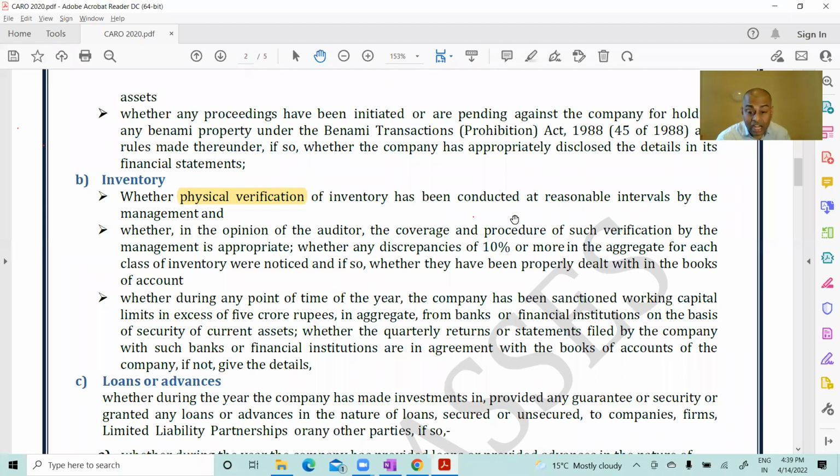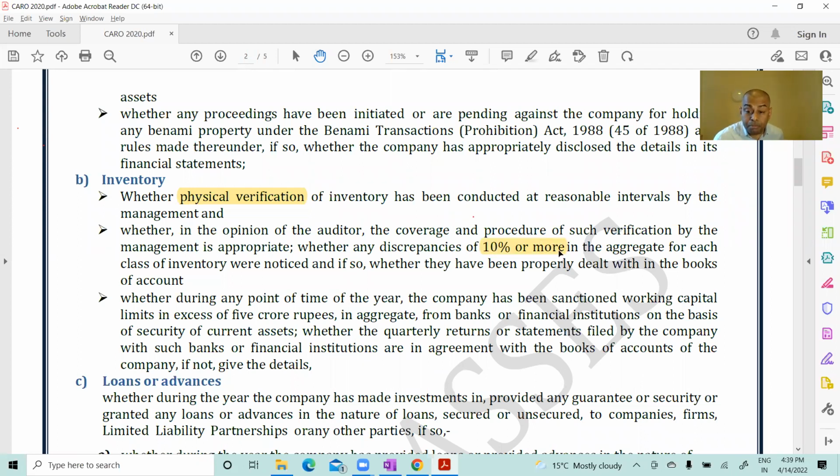If it is 10% or more, underline, put a star mark, new amendment. If it is 10% or more, for each class of inventory, category A, category B, what is class of inventory? Raw material, work in progress, finished goods, loose tools, stores, and spares. These are classes.